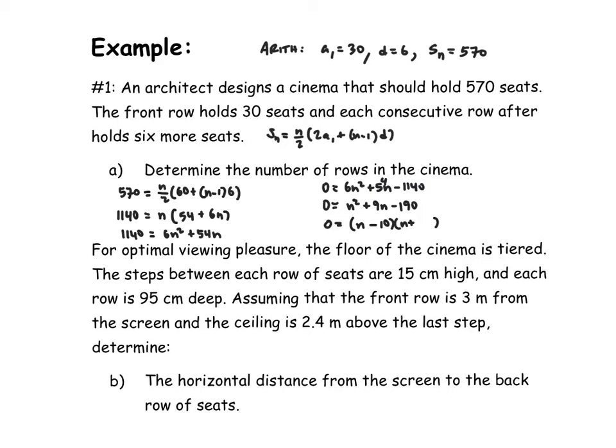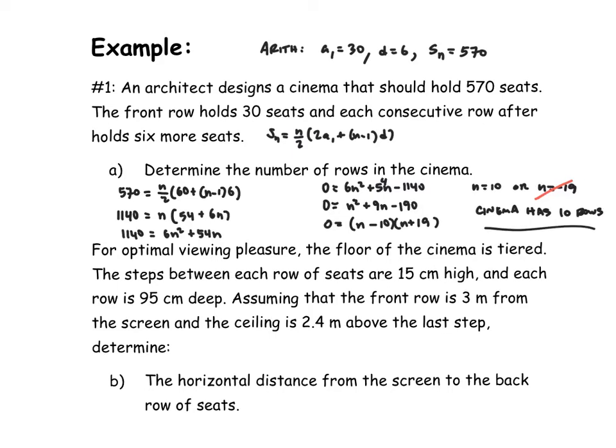And n plus 19. There we go, perfect. So that means n either equals 10 or n equals negative 19. Clearly, negative 19 is not a possible number of rows. So the cinema has 10 rows.